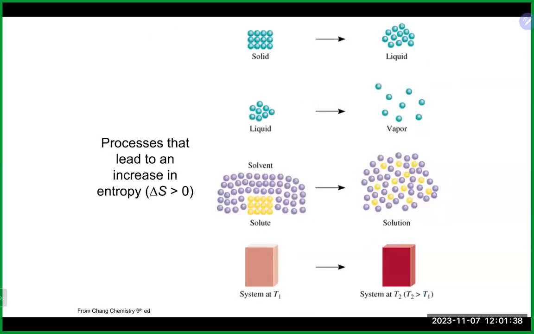Again, these are a few processes where we do see an increase in the entropy when we go from solid to liquid. Again, that solid very organized into our liquid, a little bit more room for movement. Liquid into gas phase, also more room for movement. When we make a solution, that increases the entropy for both parts of a solution. The solvent, before you dissolve it, is all bonded together like hydrogen bonding in water, so a nice organized situation.